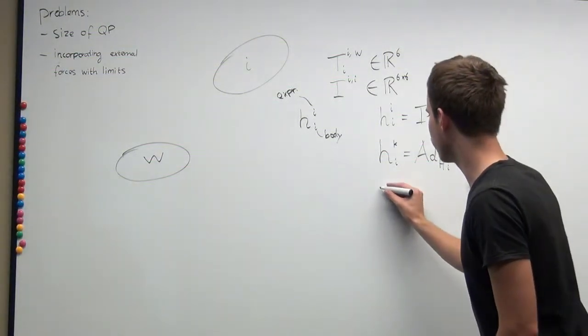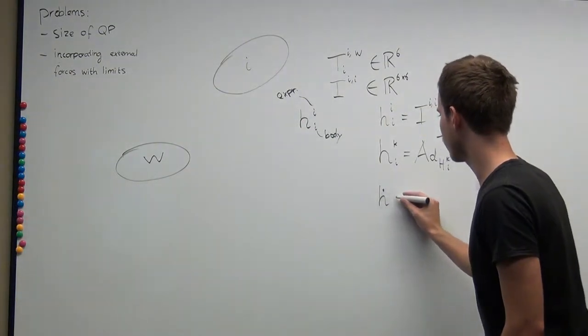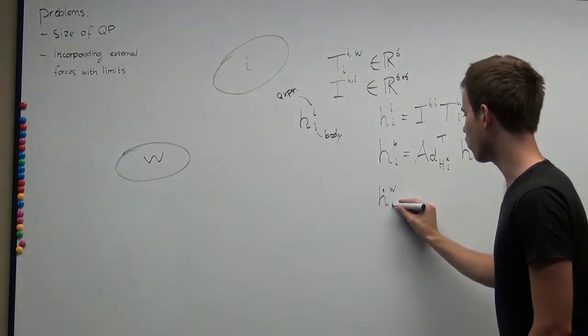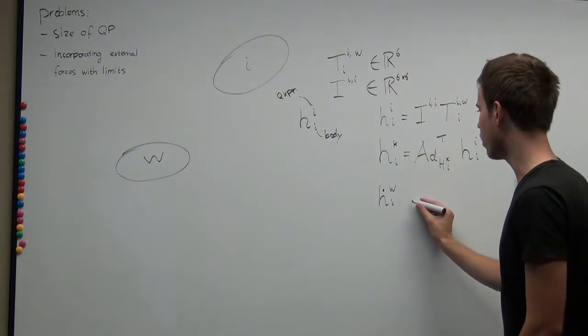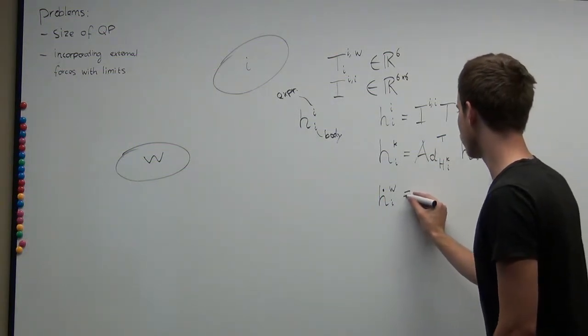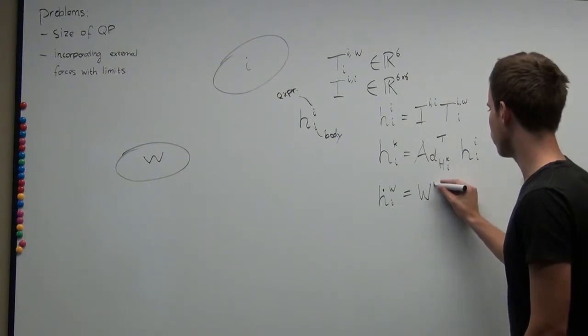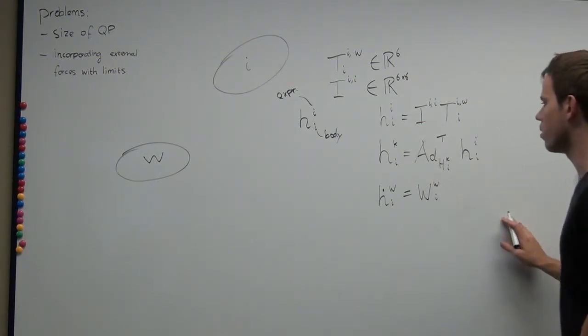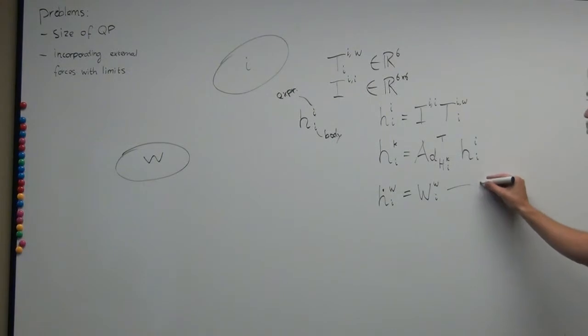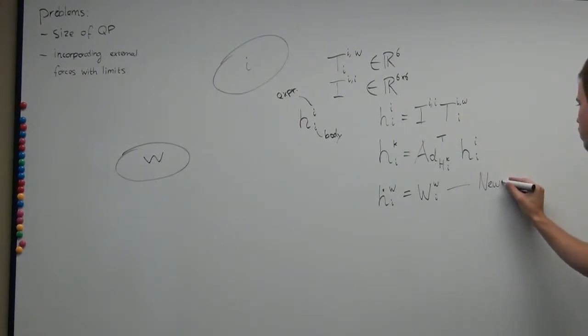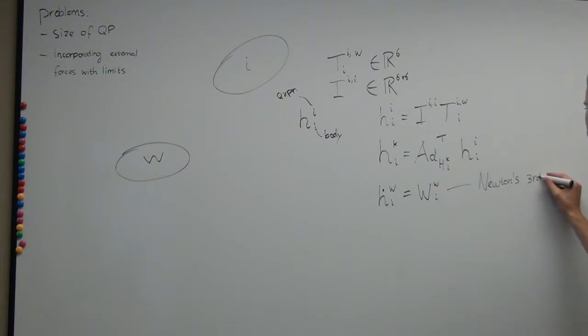So we have H dot expressed in world frame of body I equals the wrench exerted in world frame on body I. So this is basically Newton's second law. So that's really important.